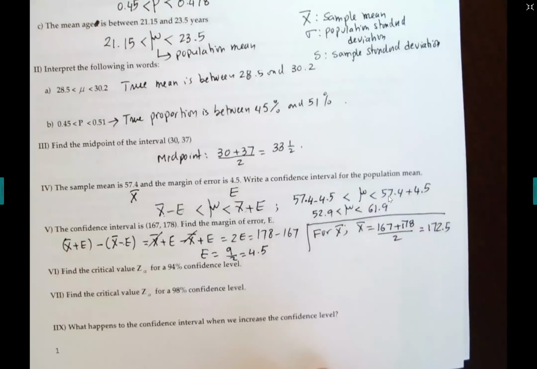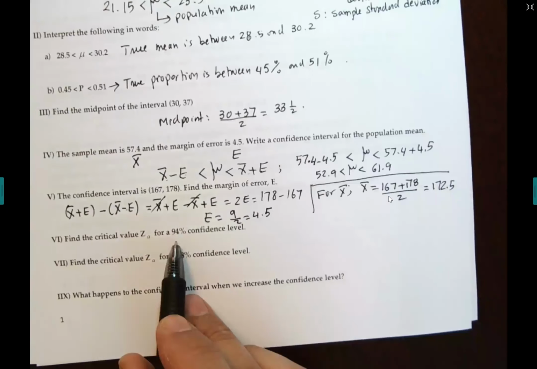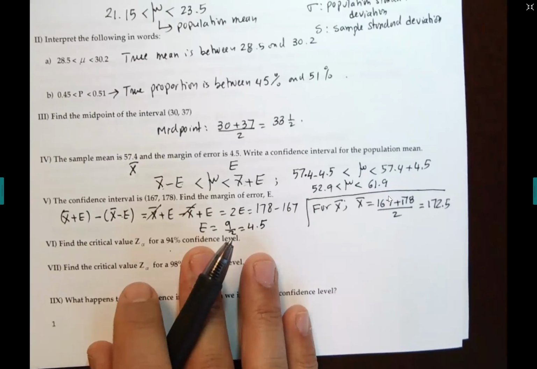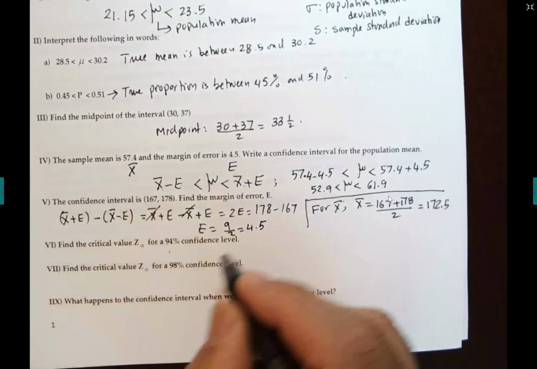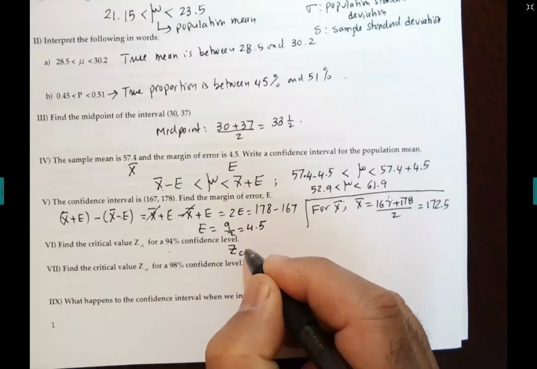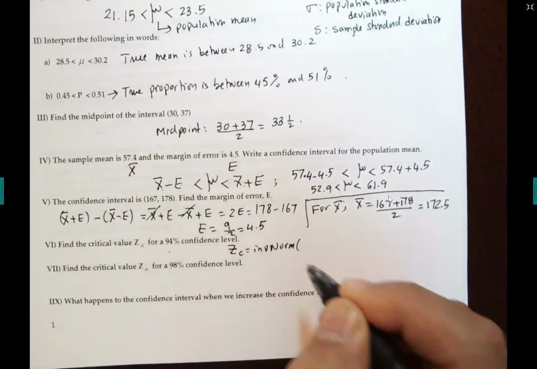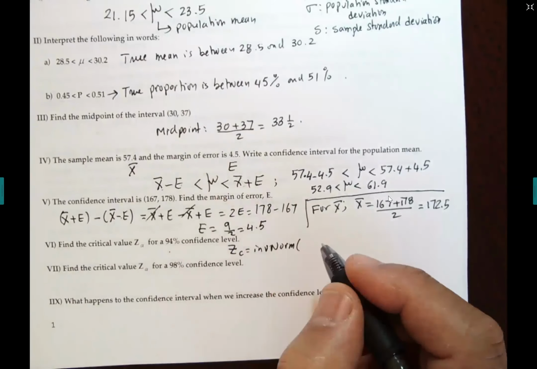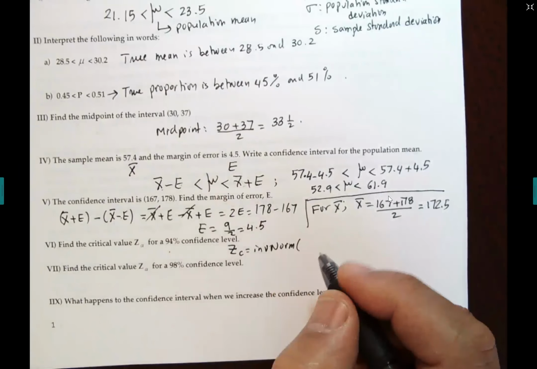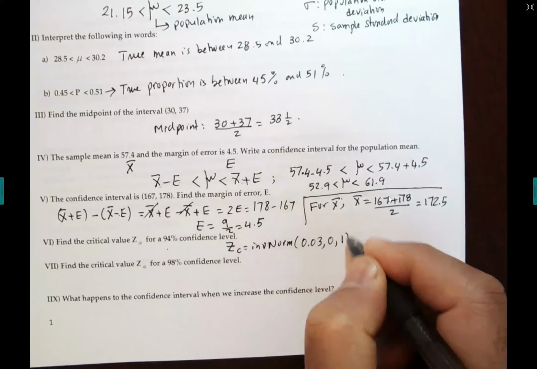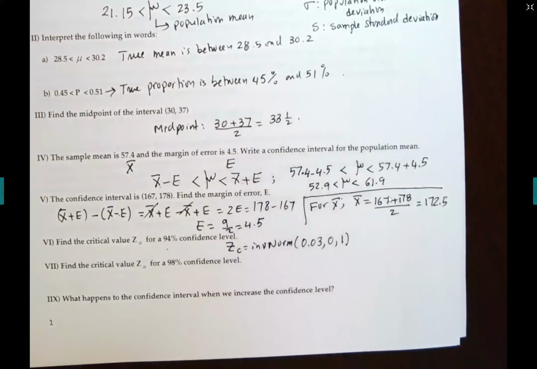Okay. 94% confidence, guys, we just, I think, did it earlier, but I'm going to do it again. So here's what you do. You do inverse norm. Subtract 94 from 100, you get 6%. Take half of 6%, it's 3%. 0.03, comma 0, comma 1. 98%.